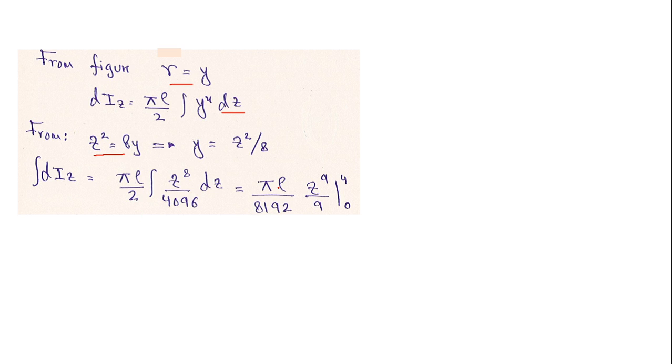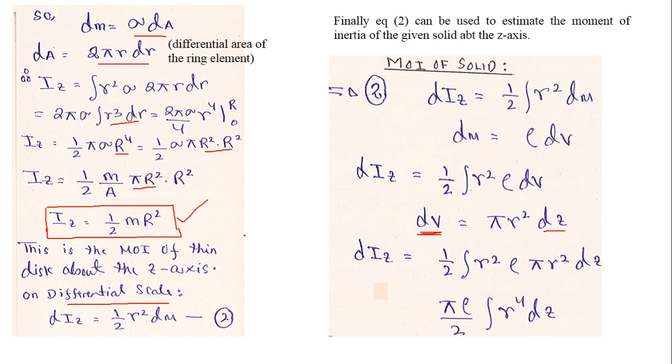So pi rho upon 8192, and if you integrate z raised to power 8 dz, you will get z raised to power 9 upon 9, and the limit on the z axis was from 0 to 4.